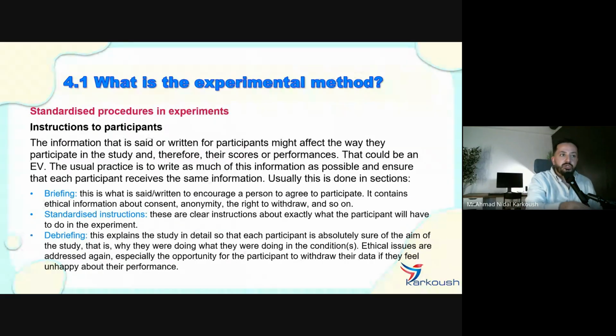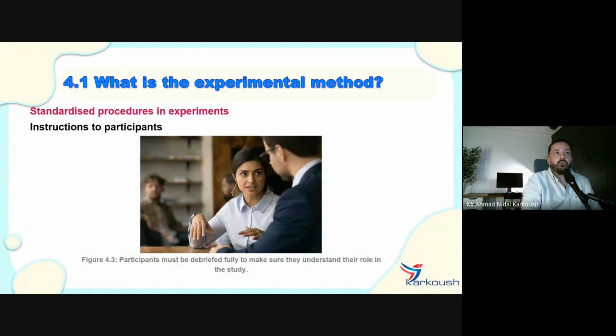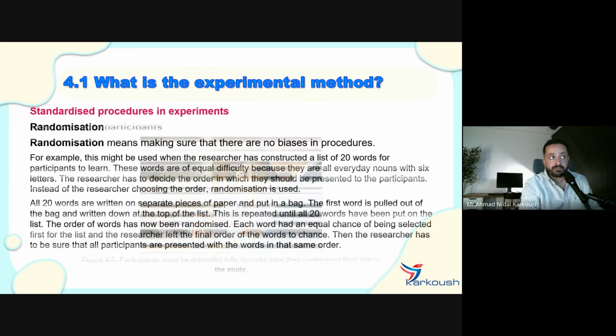That is why they were doing what they were doing in the conditions. Also, ethical issues are addressed again in the debriefing, especially the chance for the participants to leave or withdraw their data if they feel unhappy about their performance or they don't want people to share their results. So technically speaking, participants must be debriefed fully to make sure they understand their role and they understand their rights.